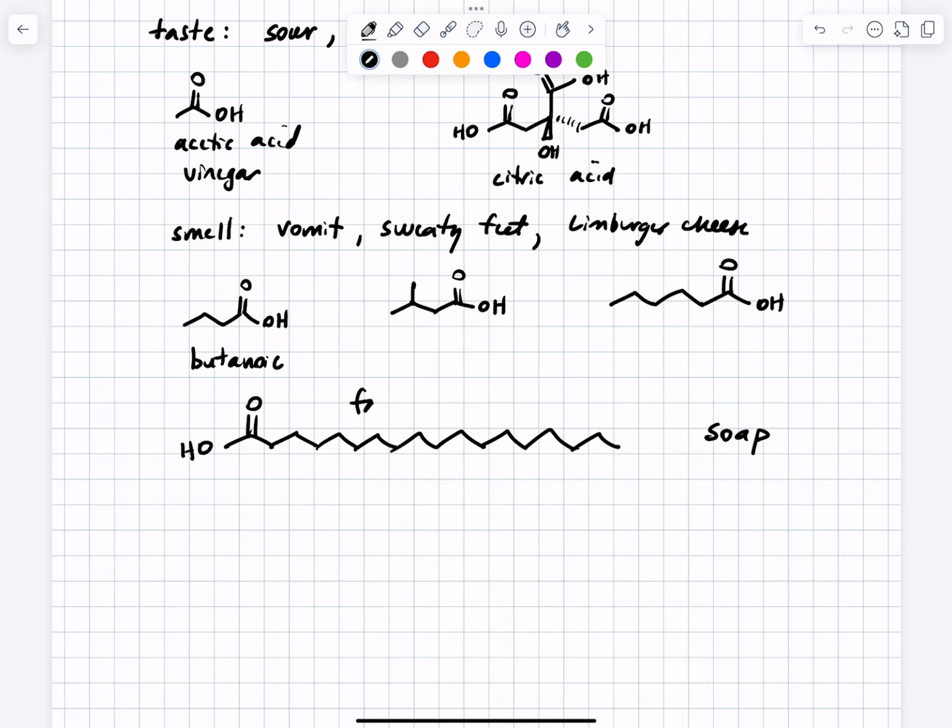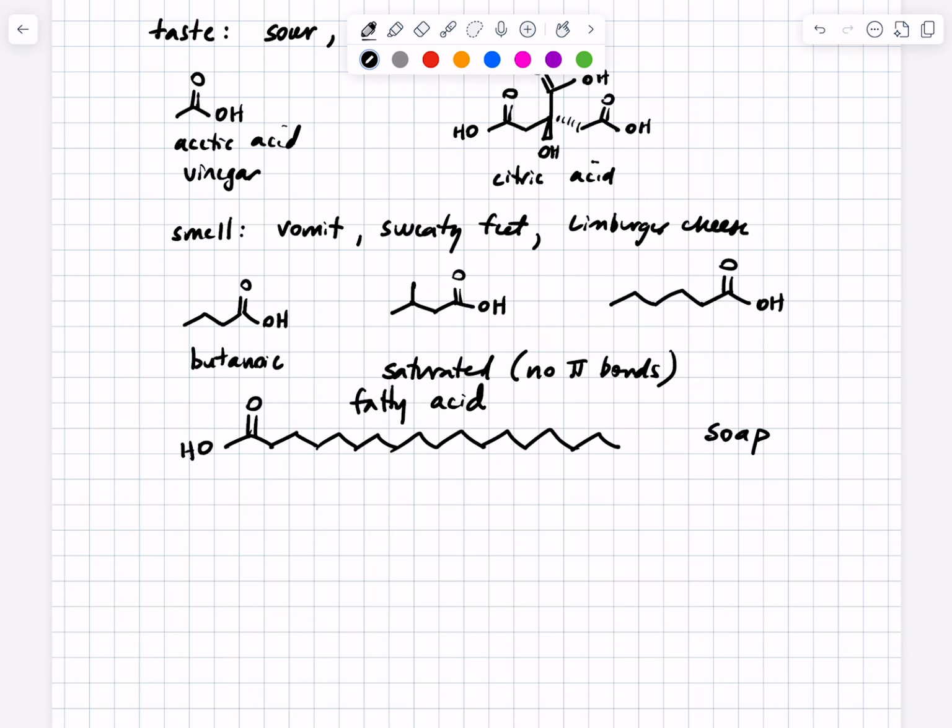This is called a fatty acid. It's called a fatty acid because it's a carboxylic acid that you can isolate from fats or oils. And this is an example of a saturated fatty acid, and by saturated I mean no pi bonds. We'll have some more to say about saturated fatty acids a little bit later.